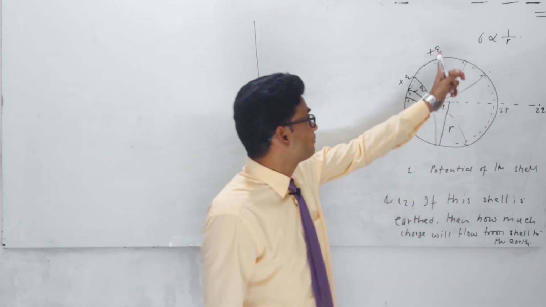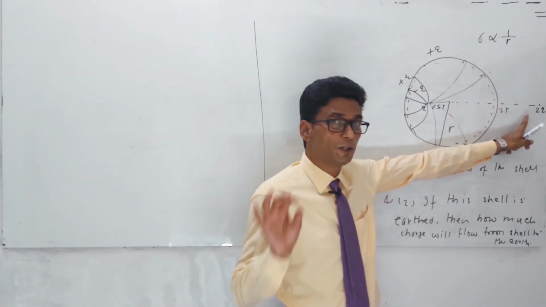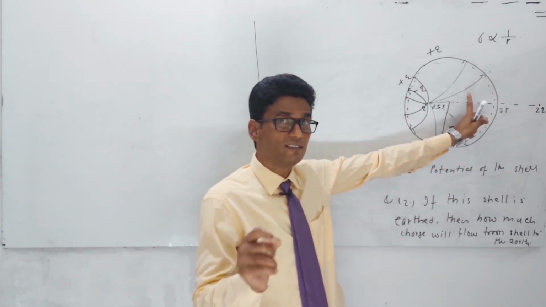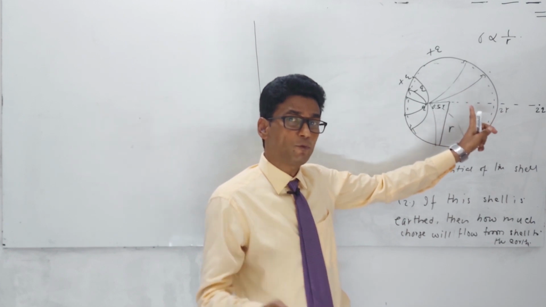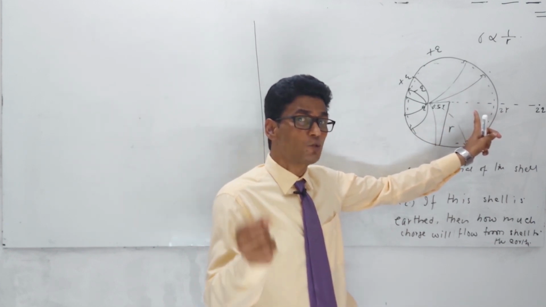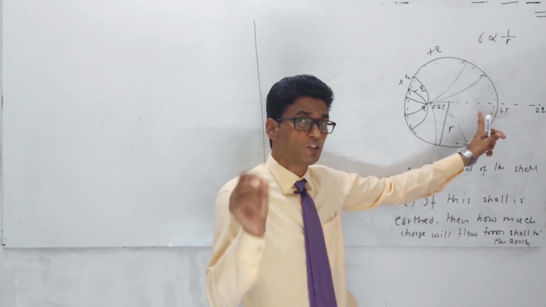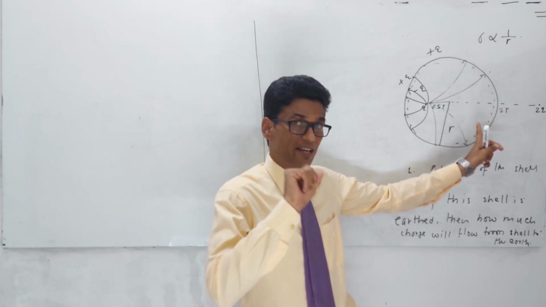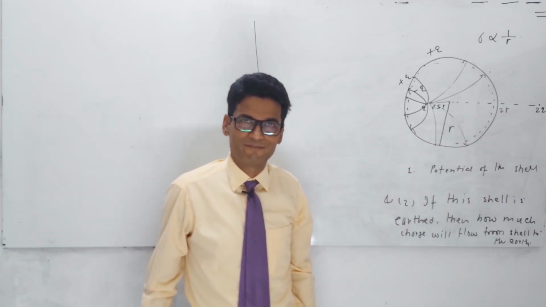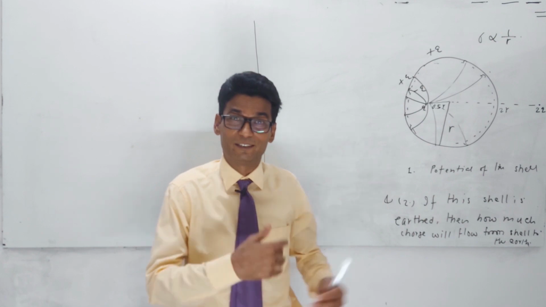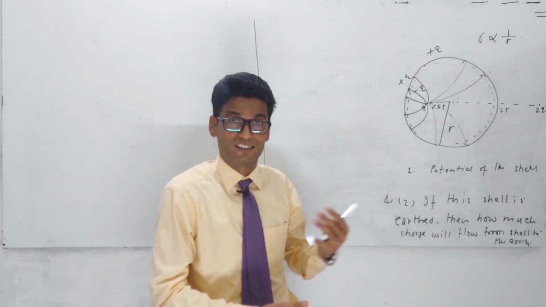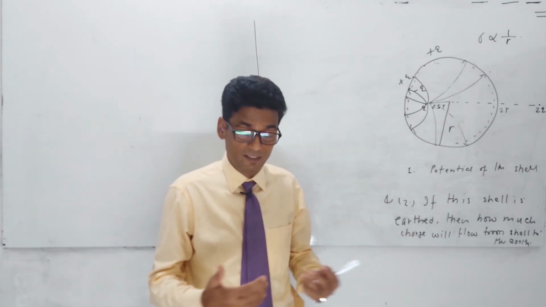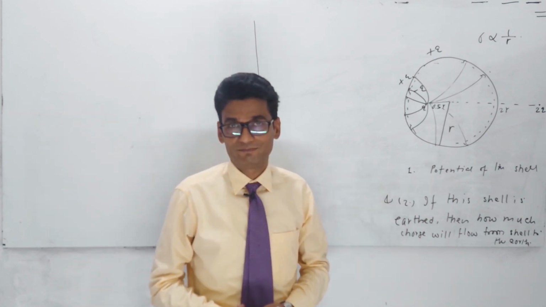Because plus q and 2q will not produce any field inside it. And we have to find the work done against the field of these two charges. That is why we do not mingle the plus q charges, otherwise you will be in dilemma and confused.